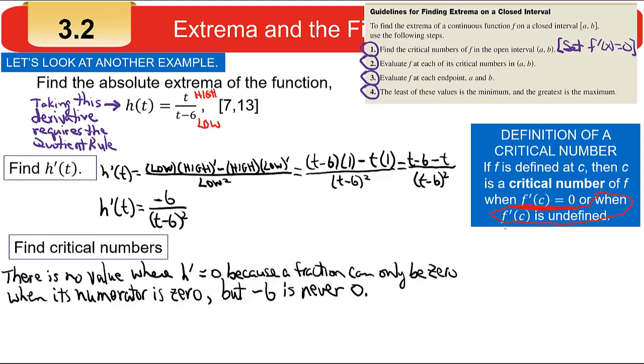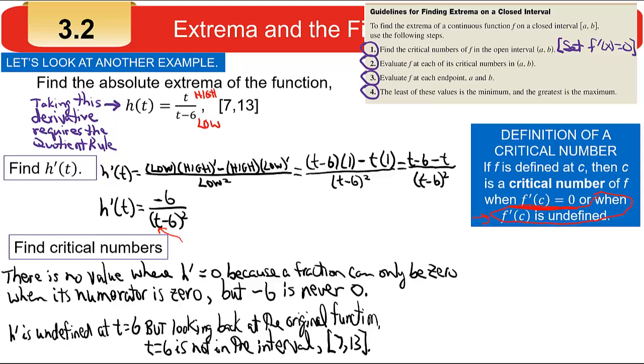But the other condition, about the derivative being undefined, happens when you get in a situation where you're dividing by 0. Well, it's pretty easy to see. In the denominator, if you plug a 6 in for t, you divide by 0. So that is a value where the derivative is undefined. So the other critical value condition tells you that the derivative is undefined at 6.